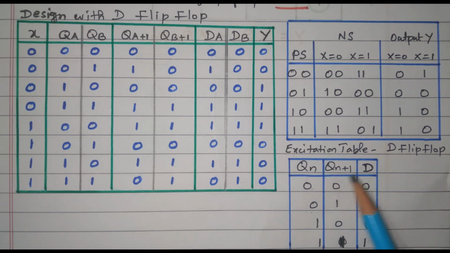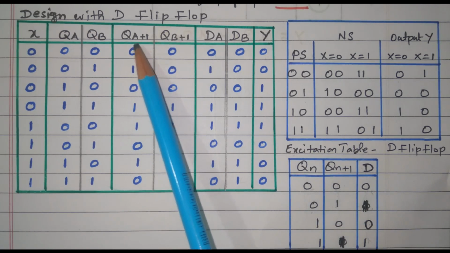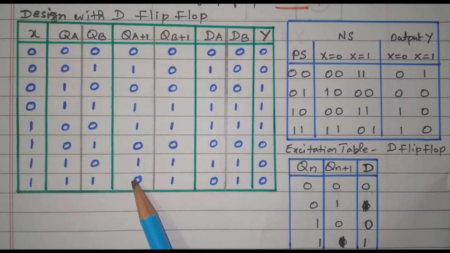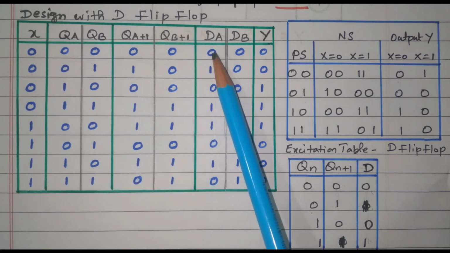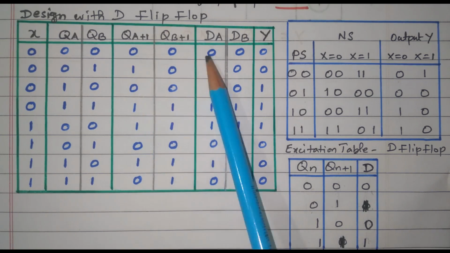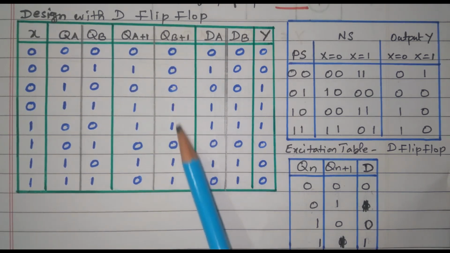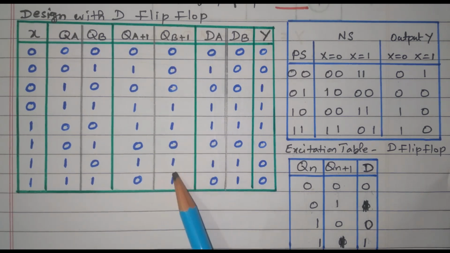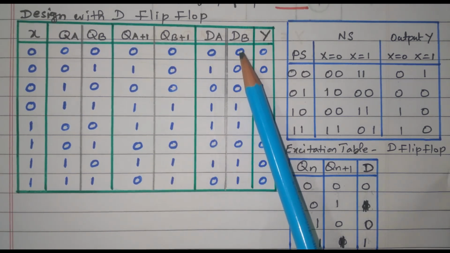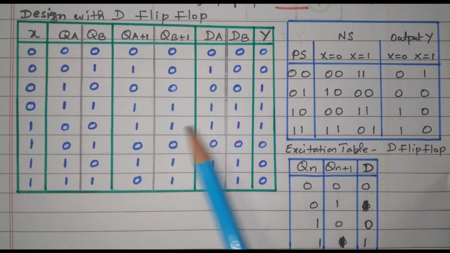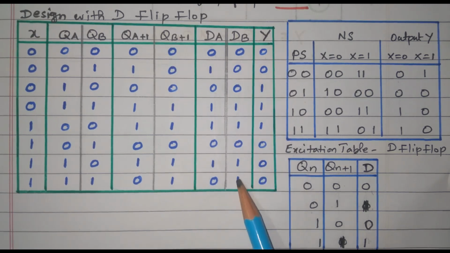The next state and D input both are the same. So based on that we can write Q A plus 1, the next state of the first flip flop A, will be reflected as the input of the D flip flop, both are the same: 0 0 1 1 0 0 1 1. Similarly, the next state of the second flip flop is nothing but the input to the second flip flop, both are the same: 0 0 0 0 0 0 1 1 1 1. So these two values are equal based on this explanation, right.